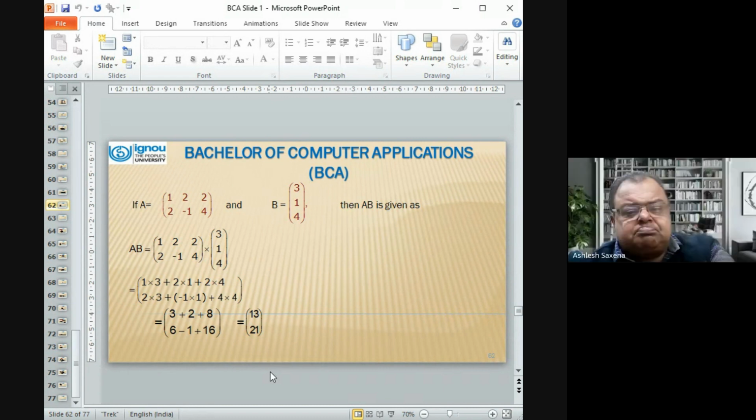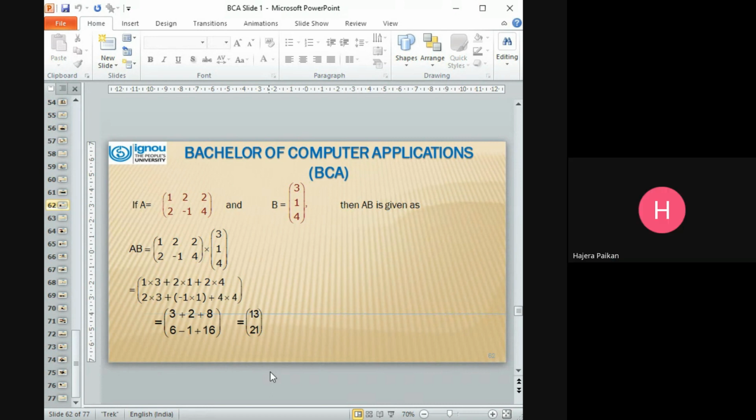Can anyone tell me what will be the answer of this matrix? The answer should be 2 by 1.